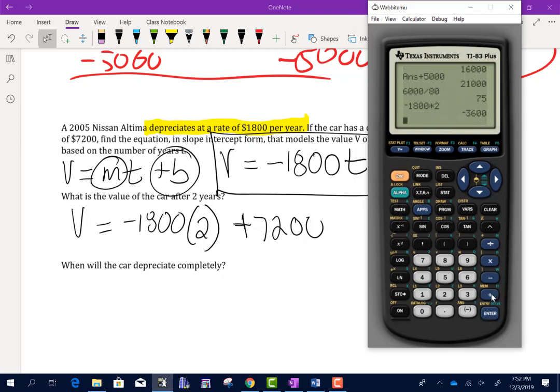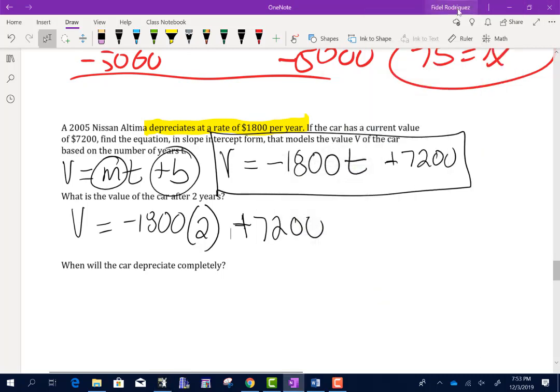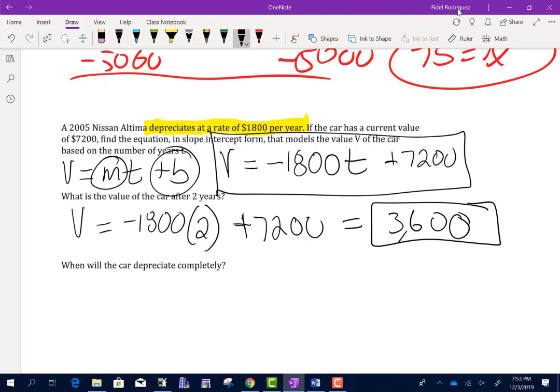Negative 3,600, plus 7,200. Isn't it still 3,600? Yeah. So the value of the car after 2 years is only worth $3,600, right?